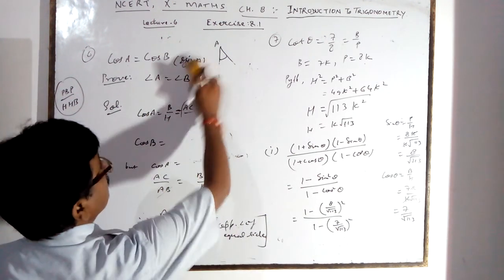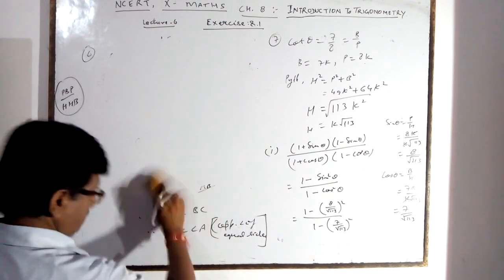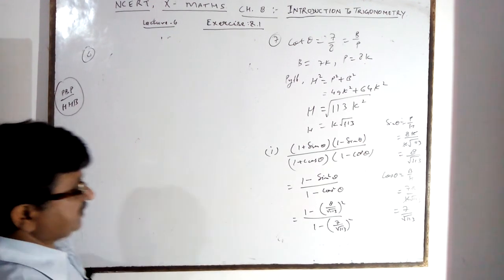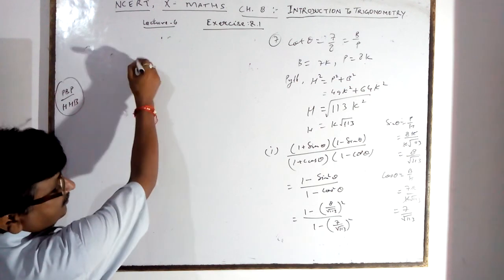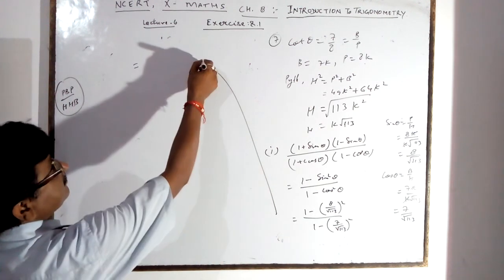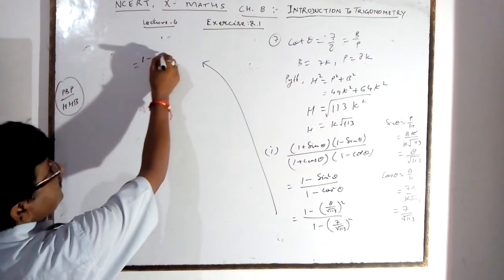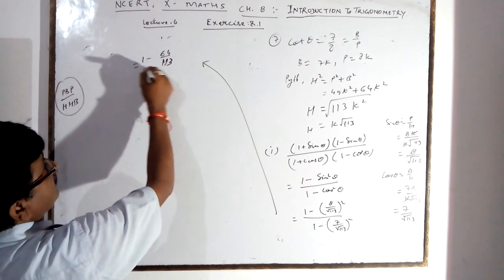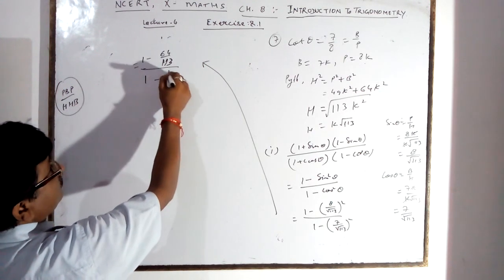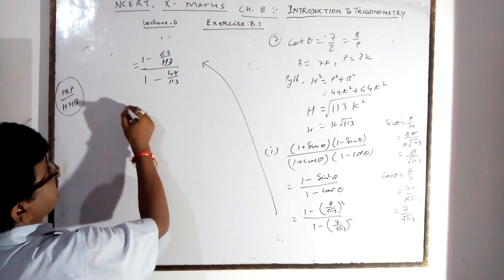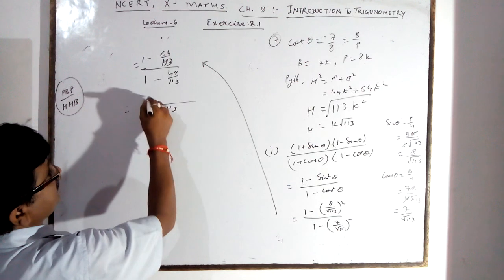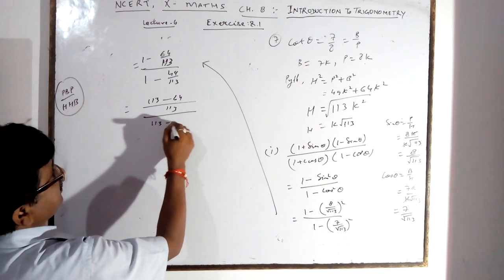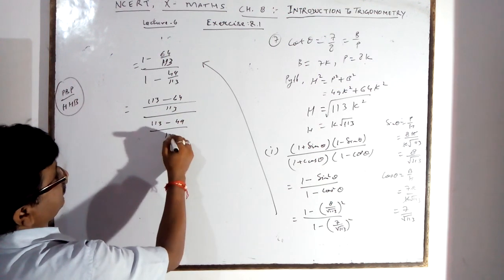Now solve this by the method of LCM and squaring. What will you get? 1 minus 64 upon 113 upon 1 minus 49 upon 113. Take the LCM: numerator 113 minus 64 upon 113, denominator 113 minus 49 upon 113.